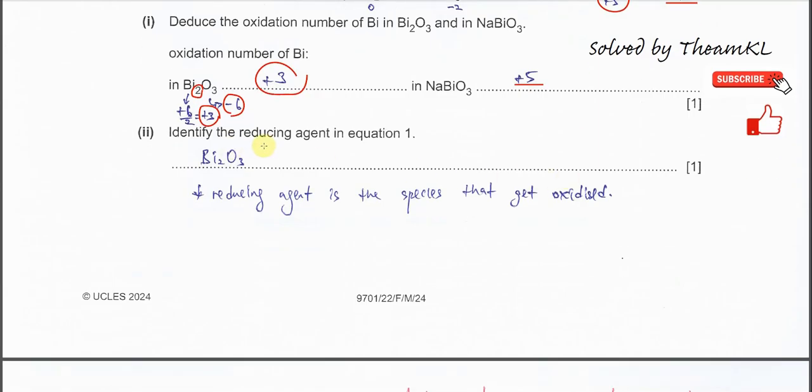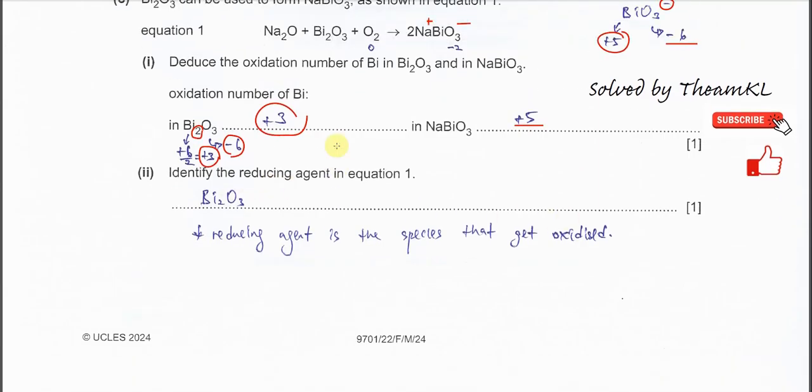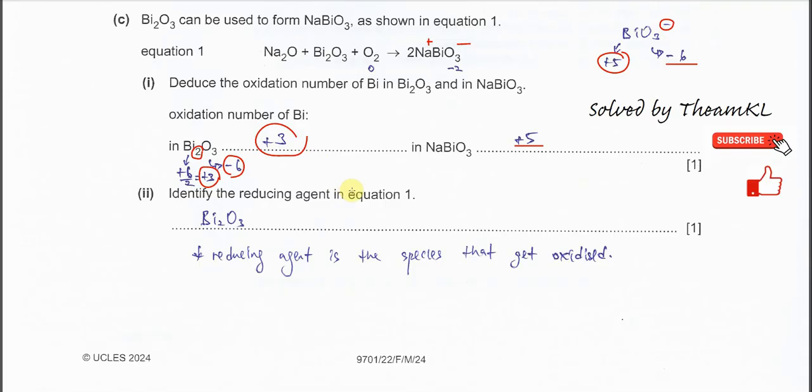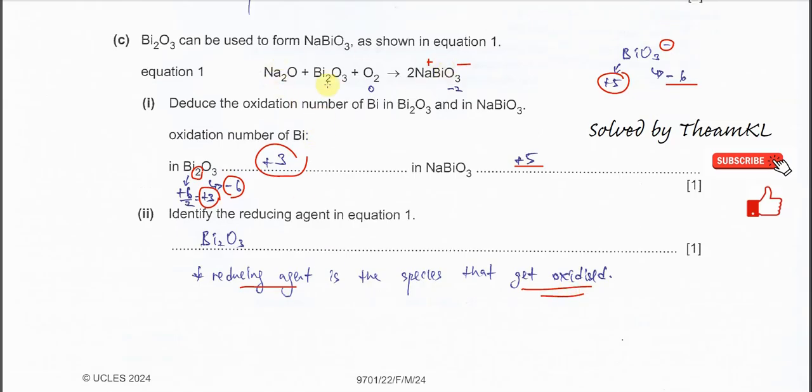Part 2. Identify the reducing agent in equation 1. So first you need to know what a reducing agent is. So a reducing agent is the species that gets oxidized. Because while it reduces others, it must release electrons and get oxidized. So in this reaction, we know that bismuth oxide is the one that gets oxidized because its oxidation number increases from positive 3 to positive 5.